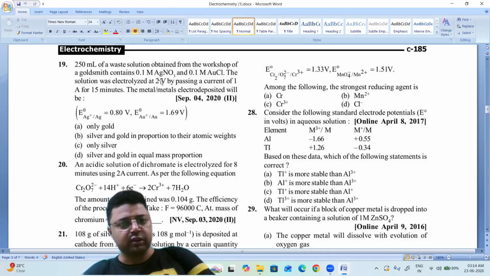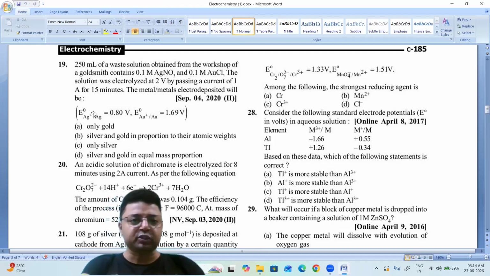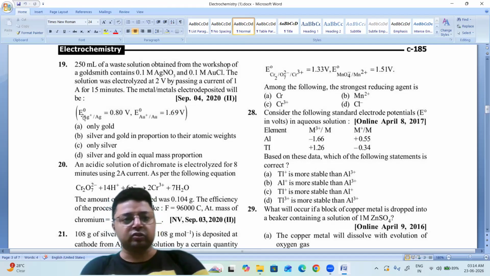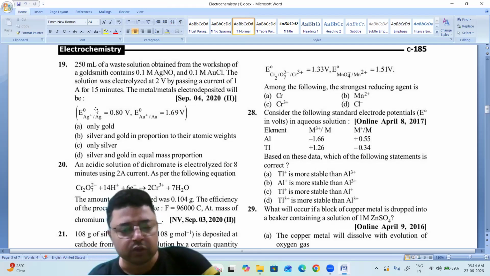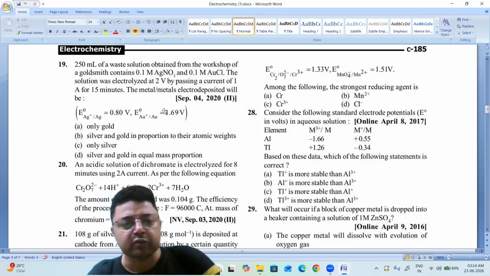Here it is electrolyzed at 2 volt, but Ag has a standard reduction potential. Why reduction? Because Ag plus to Ag means reduction is happening. So this is a standard reduction potential value. The higher the standard reduction potential value, the more probability of that element being deposited.